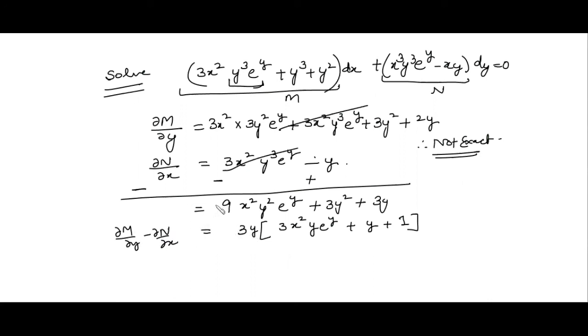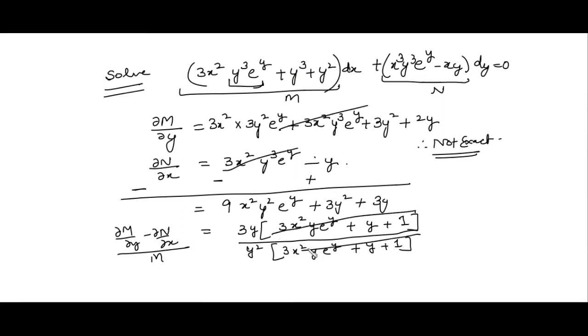Now we need to check whether we have to divide with m or n. So now in this case we will divide with m. In that case it will become a function of y alone. We can take y square to be common. So we get 3x square y e to the power y plus y plus 1.